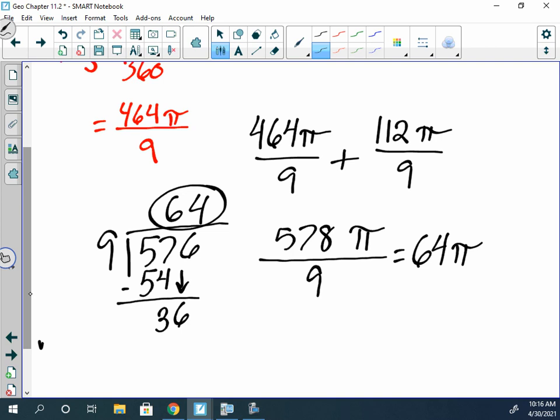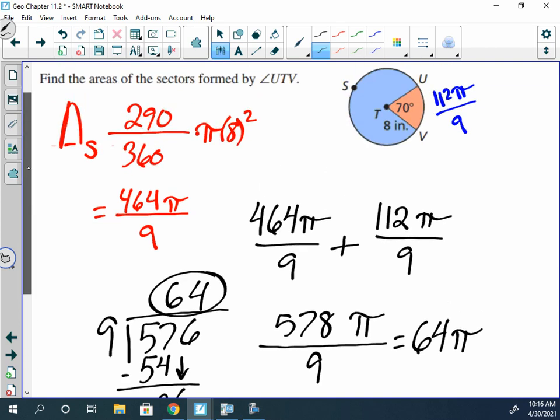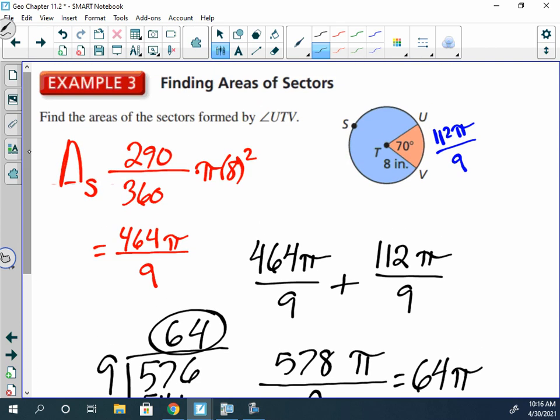So wait a minute, when I added the two areas of the sectors together, I got 64 pi. The area of this circle is 64 pi, yes? So once I found the one area, the 112 pi over 9, I could have subtracted it from the area of the whole thing. Because the two sectors will add together to give me the whole area.